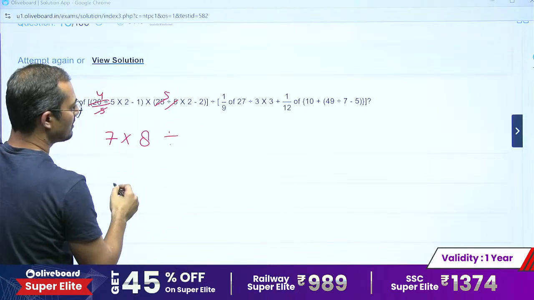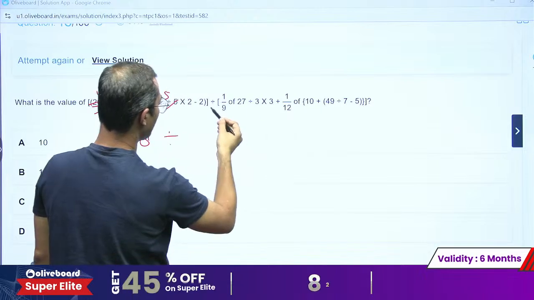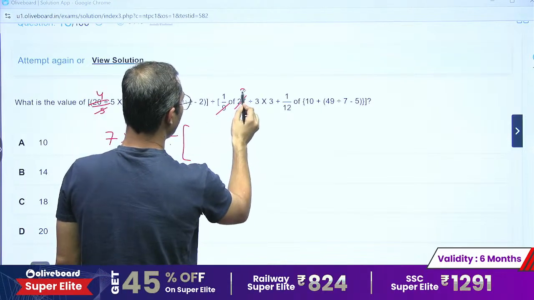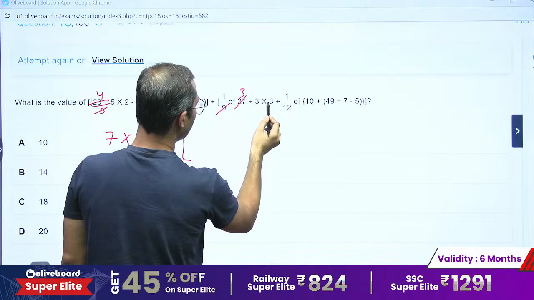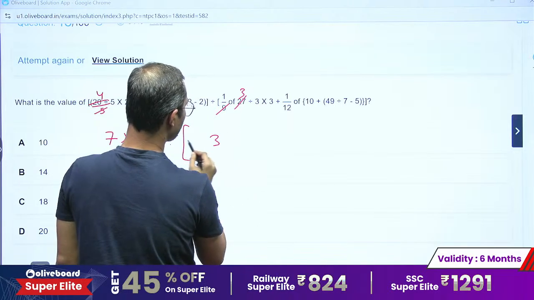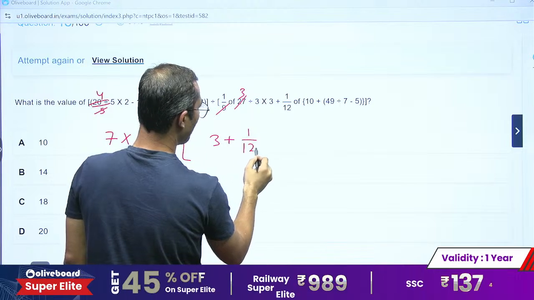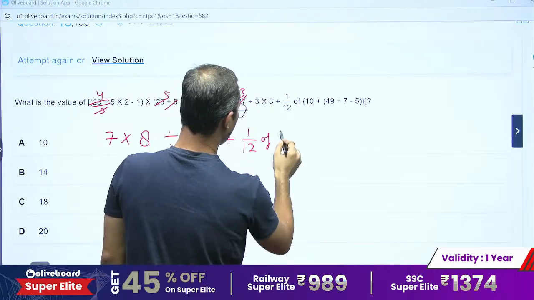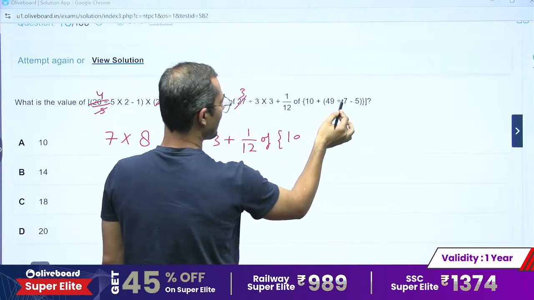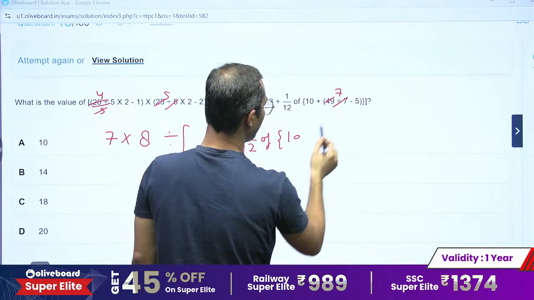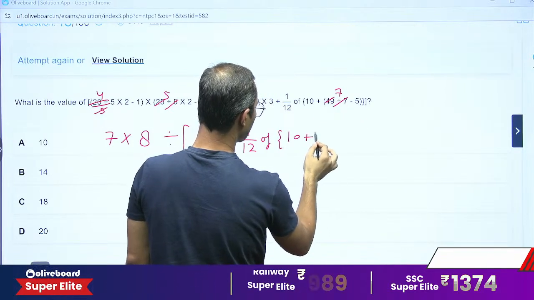So division, right? Solve this completely. By 9, 3 times, 3 divided by 3, 1, 1 into 1, so we can say 3, right? So 3 plus 1 upon 12 of, right? And then 10. So 49 divided by 7, we will get 7, 7 minus 5, so we will get 2, right?